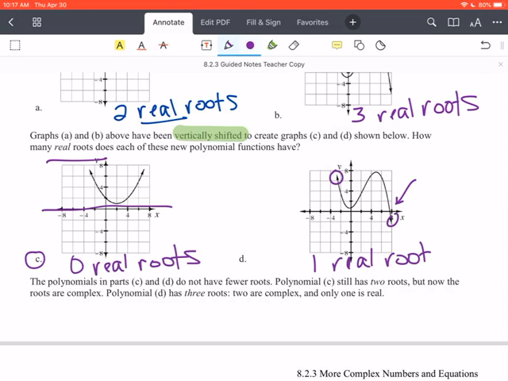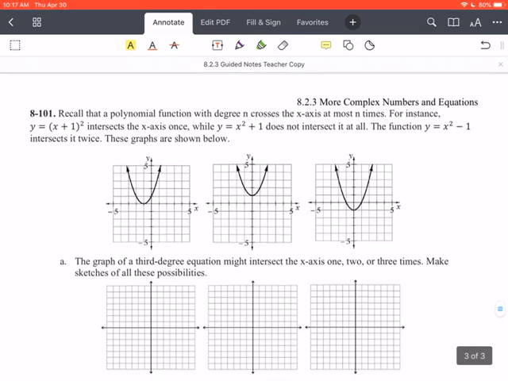What word is missing here? They didn't say real roots, they just said fewer roots. Polynomial C still has 2 roots, but now the roots are not real, the roots are complex. Polynomial D still has 3 roots, but 2 are complex and 1 is real. Very interesting. Okay, so now we have 2 types of roots.